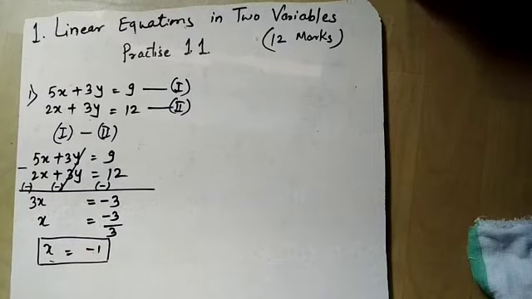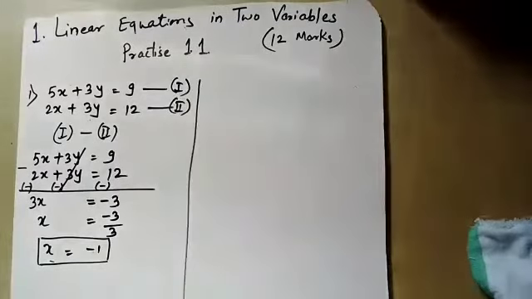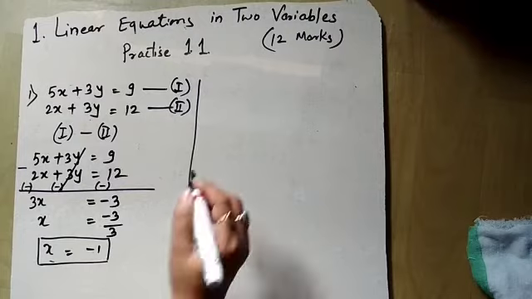Value of one variable we got in this way. Once you get the value of one variable, substitute that value in any of the equations which you feel is easy. You can substitute it in equation 1 or you can substitute it in equation 2 according to your wish.